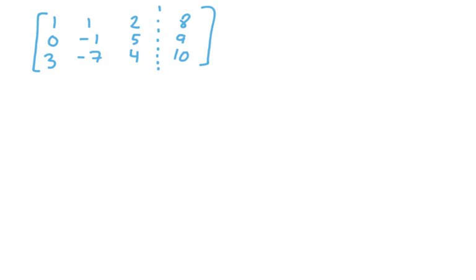Now I want to use row 1 to turn this 3 into a 0. That's my next step. I'm going to multiply row 1 by negative 3, add it to row 3, and put the result back into row 3. When I do that, I get 1, 1, 2, 8.